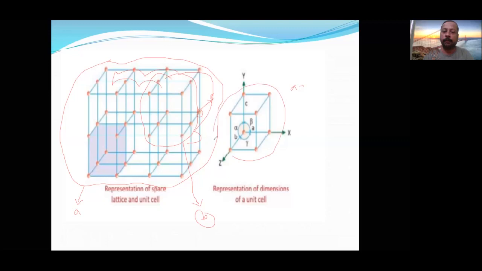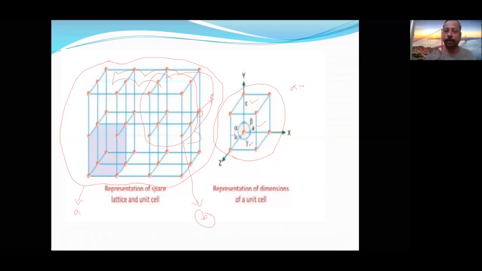In a unit cell, we require two types of parameters. What are those two types of parameters? First, interplanar distances. The interplanar distances are A, B, and C. And the second parameter we need to know are interfacial angles: alpha, beta, and gamma.